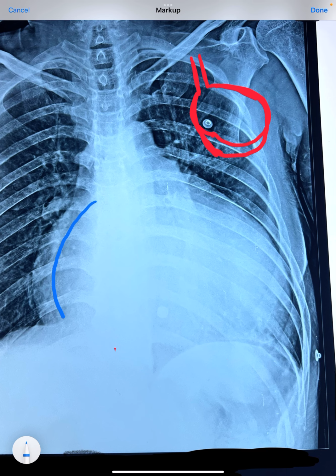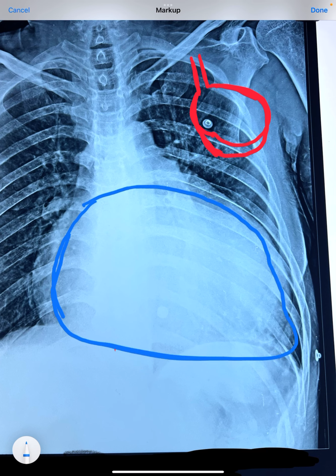That is the reason why this is a very typical case of pericardial effusion, which shows a globular enlarged cardiac silhouette, or enlarged cardiac shadow with globular margins, and what we typically call the water bottle sign.